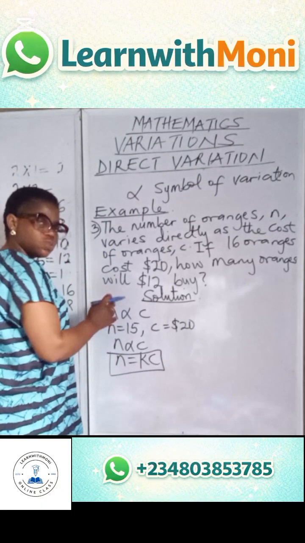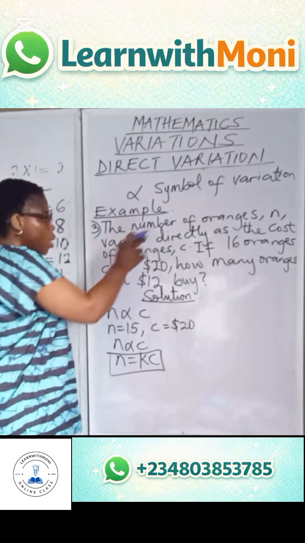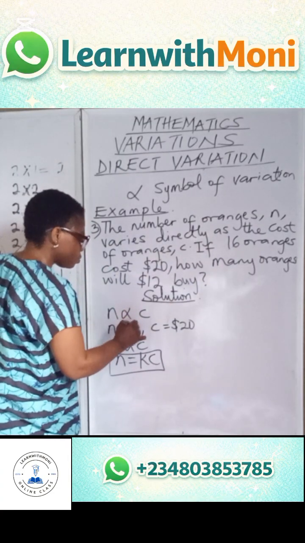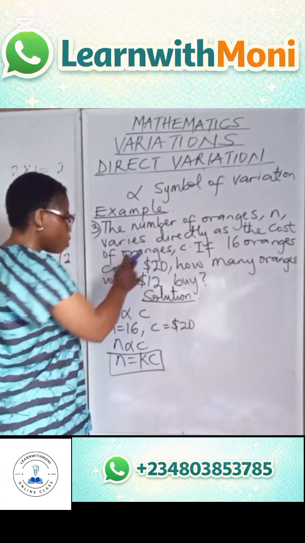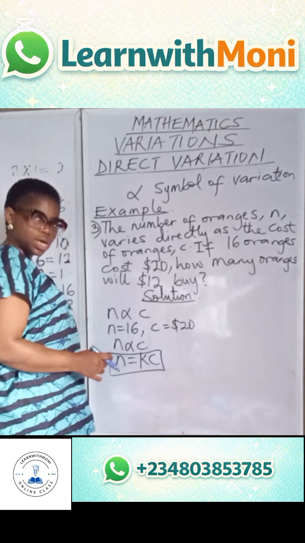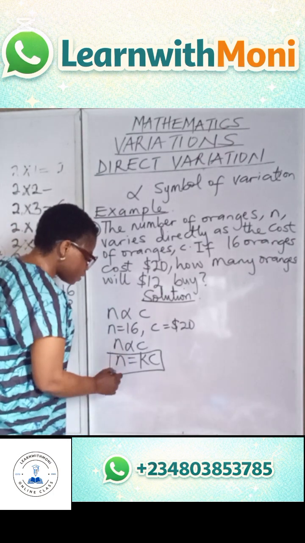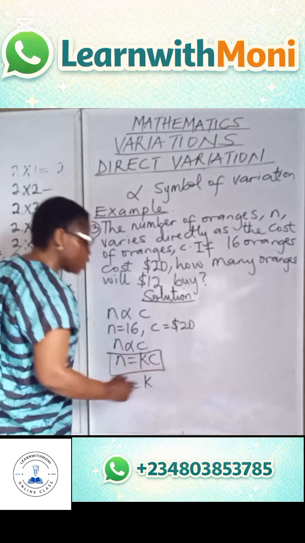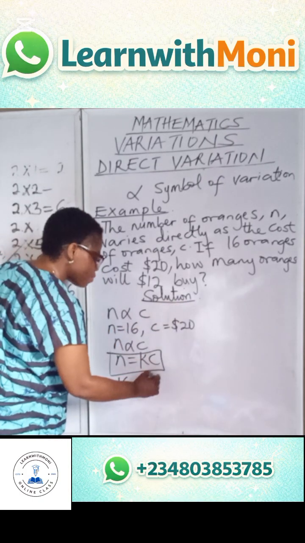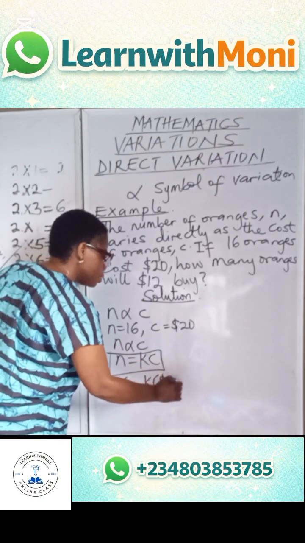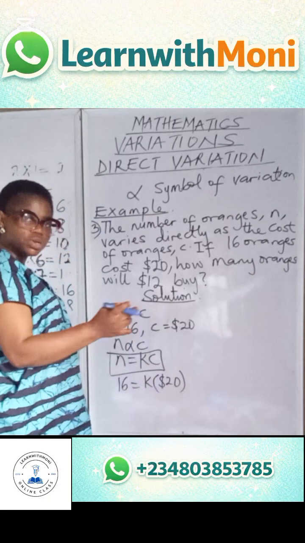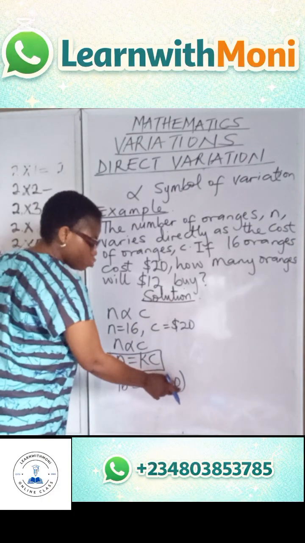Now let's substitute the values we are given. We are told that 16 oranges cost $20. Let's substitute that. N is 16, K is the variation constant, and we have $20. For us to get the value of K, we have to divide both sides by 20.